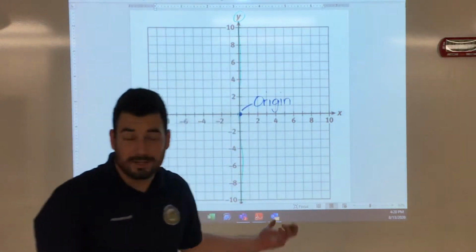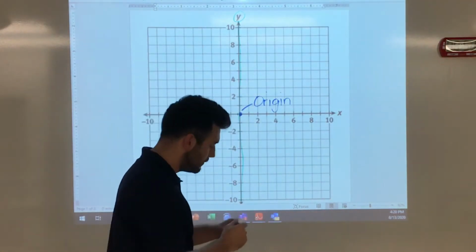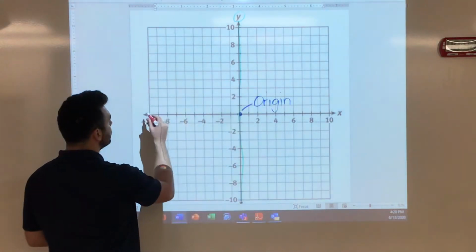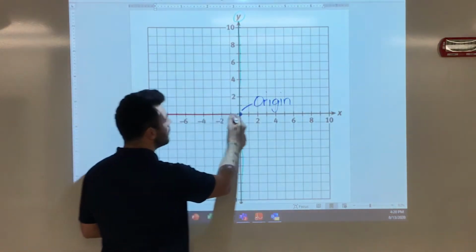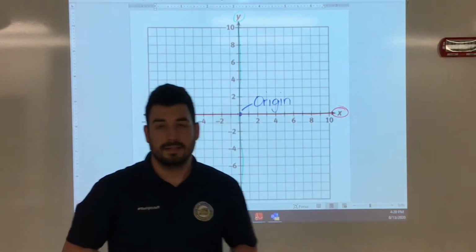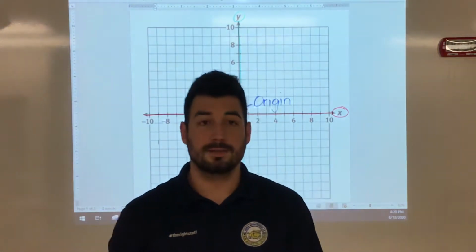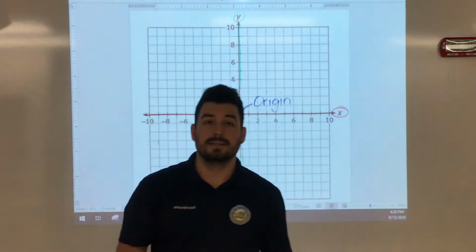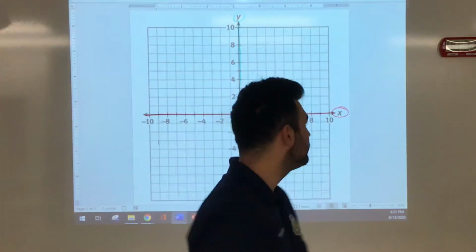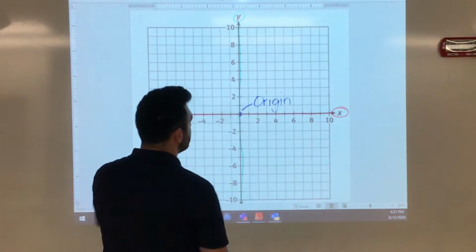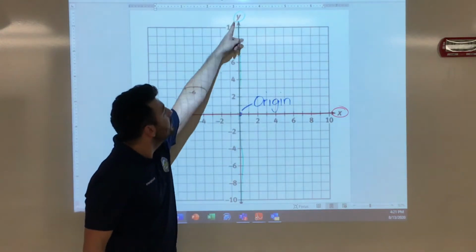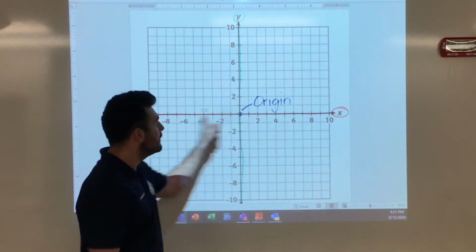Going left and right, our horizontal axis is our x-axis. Horizontal meaning left and right. We use both those axes to help us denote points anywhere on the coordinate grid. So far we've covered the origin, which is our center point, the y-axis, and the x-axis.